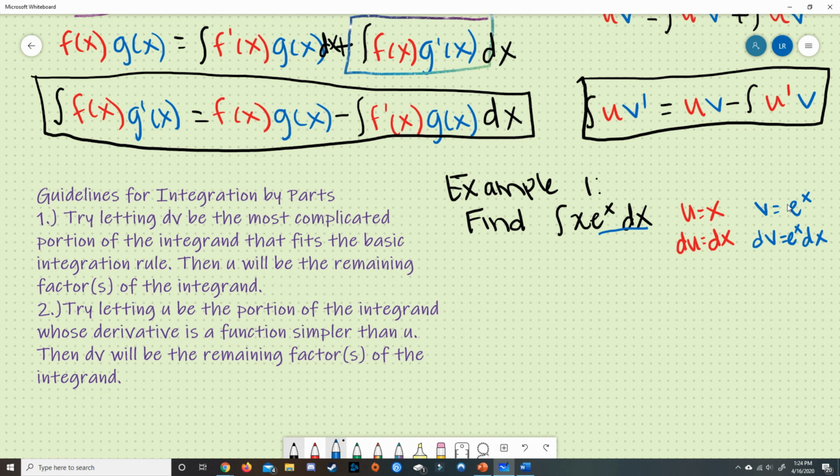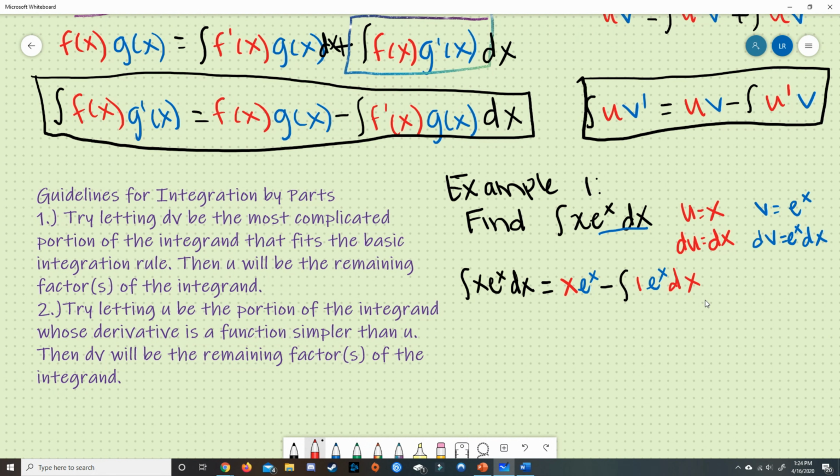So what we have is the integral of x e to the x dx equals x times e to the x minus the integral of dx, or 1, times e to the x dx. So there we applied the rule.